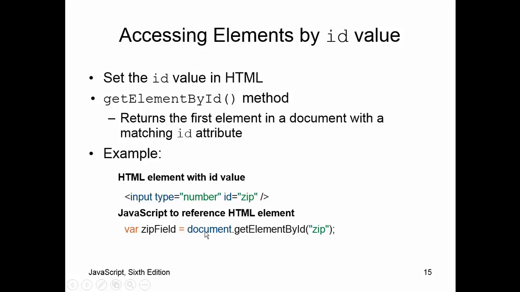So we're saying for the document object, use getElementById and find me the element with an ID of zip. It's going to find you that element. Then we're using that value and setting a local variable called zipField to that value.